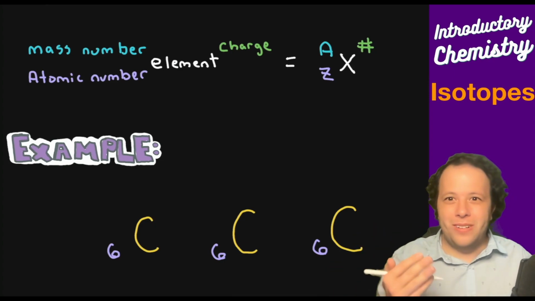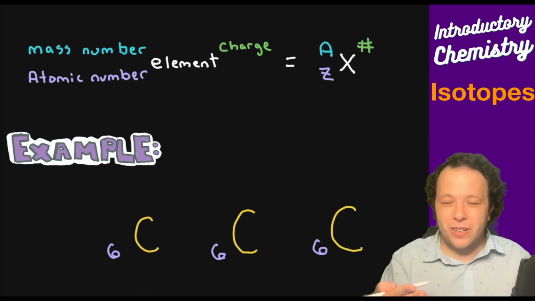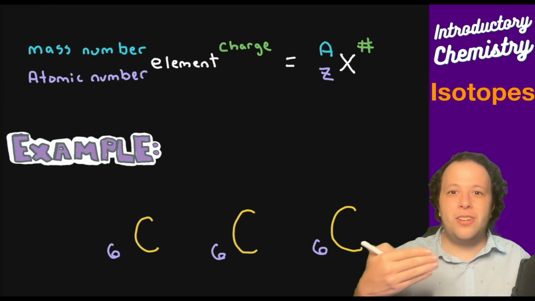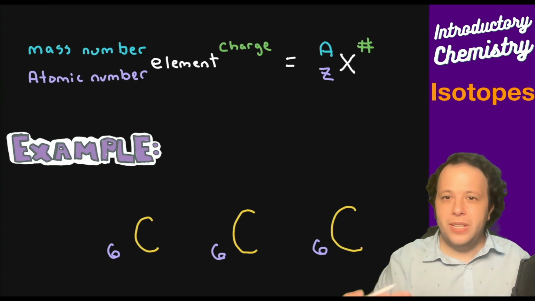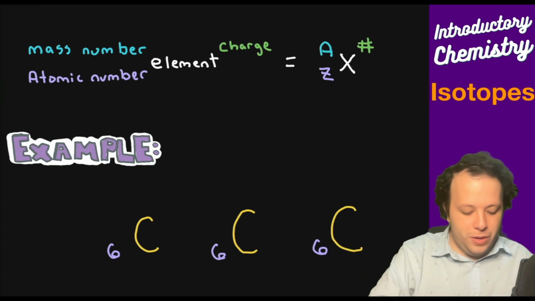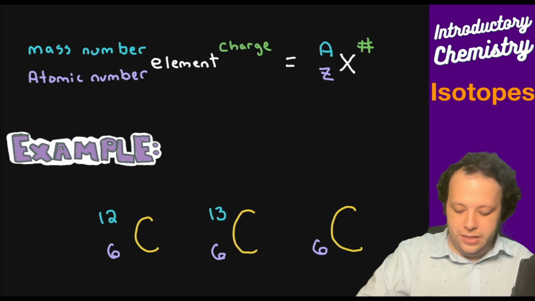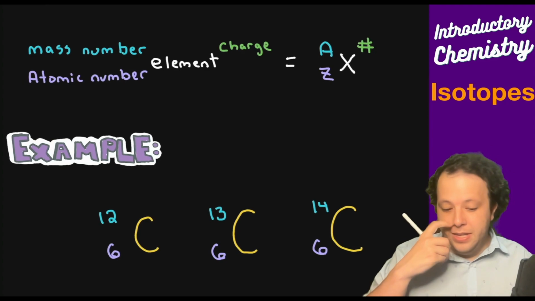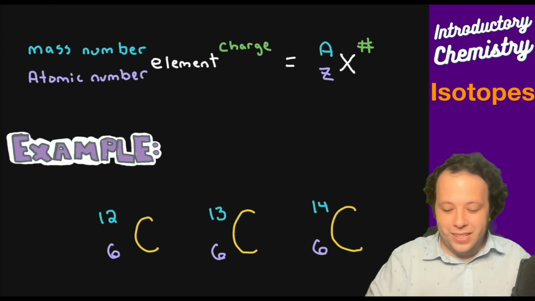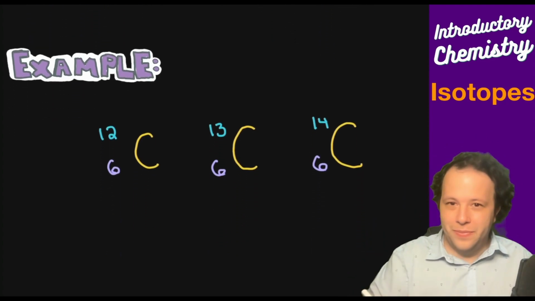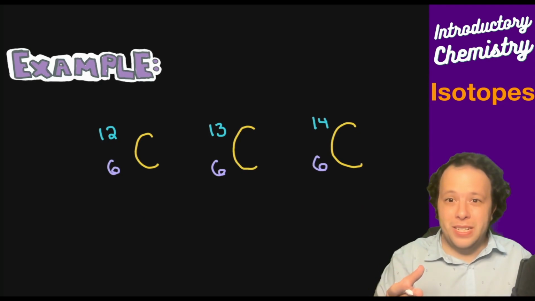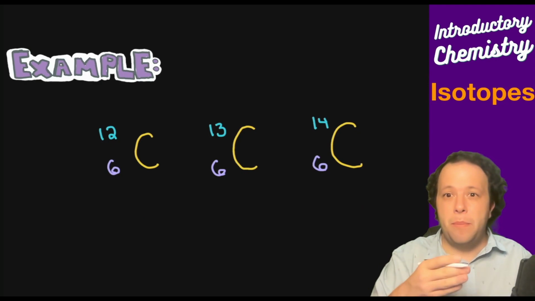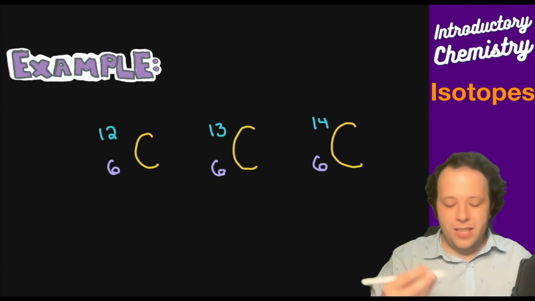Now, the next part is your mass. For carbon, there's carbon 12, carbon 13, and carbon 14, which is referring to their masses. So when we write these, we can write carbon 12, 13, and 14. Now, what exactly does this tell us? If you remember, the atomic mass is equal to protons plus neutrons.